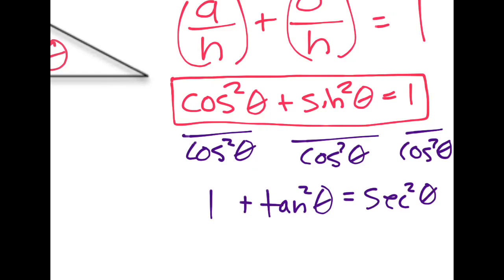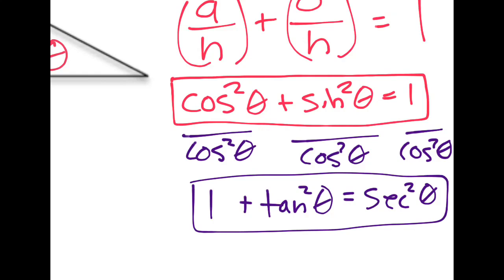And so we now have our second Pythagorean identity. But what if we hadn't divided by cosine? What if we divided by sine instead? So now let's divide everything by sine squared theta.